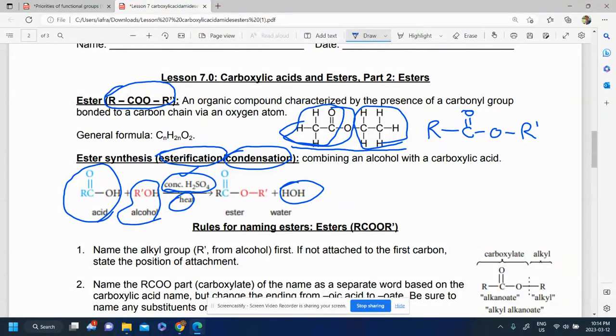But anyways, what's happening is you'll notice that the alcohol, the carbon chain in the O region, is now connected to the RC double bond O of the carboxylic acid. And so this is your ester over here, and then you have some water produced as a byproduct. And again, that's why it's called condensation. We'll see this in more detail later on, but just get that you combine an alcohol with a carboxylic acid and you get an ester.